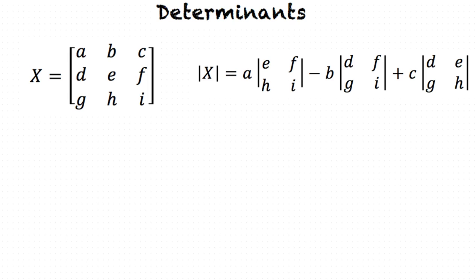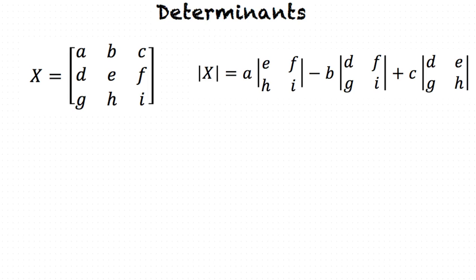This will look like a times the determinant of the matrix row 1, e, f, row 2, h, i, minus b times the determinant of the matrix row 1, d, f, row 2, g, i, plus c times the determinant of the matrix row 1, d, e, row 2, g, h.